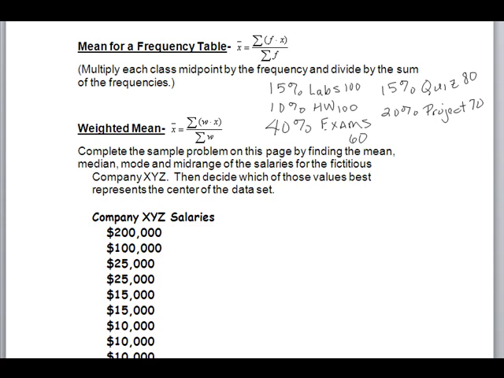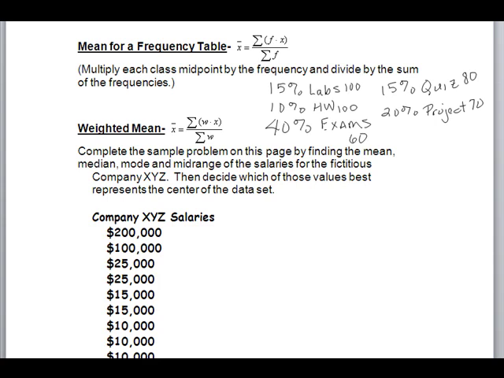Okay, the weighted mean we find by adding up the weights times the values, and then dividing that by the sum of the weights. This goes with the problem below.